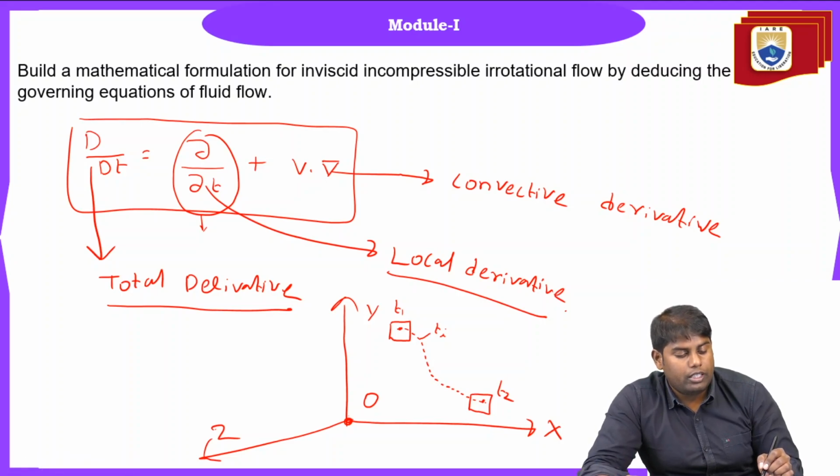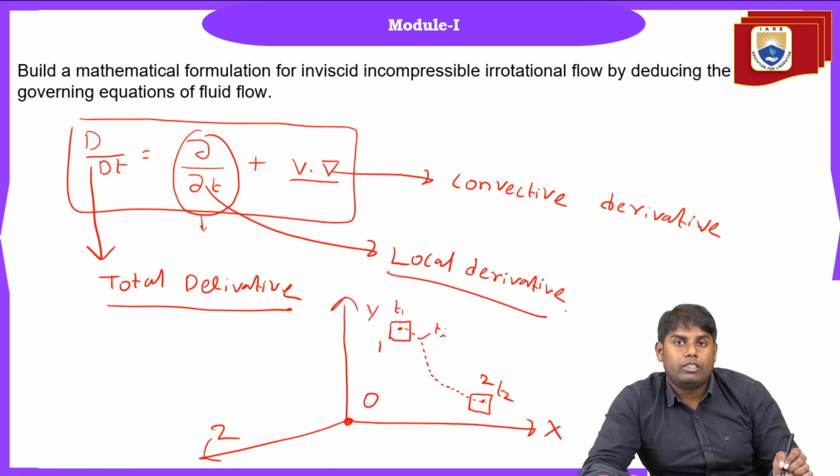So here you can see v dot del. This v dot del is called the convective derivative. So when this fluid particle is going from station 1 to 2, it is moving with respect to space. When it is moving with respect to space, what is the change in acceleration? So this is called the local acceleration, and this is called the convective acceleration.